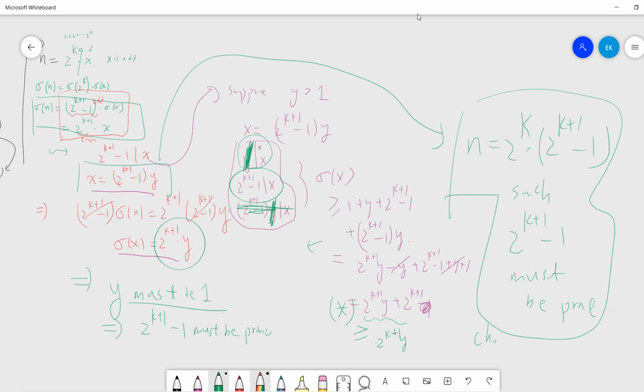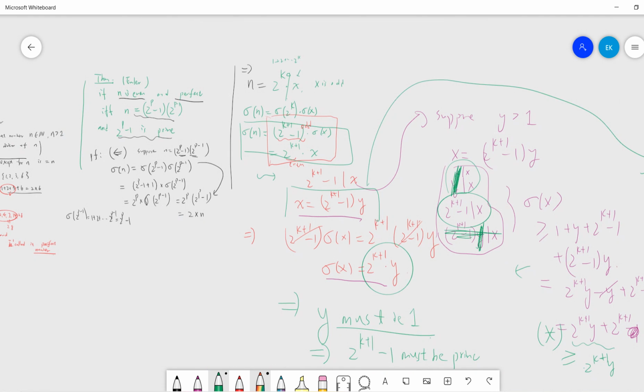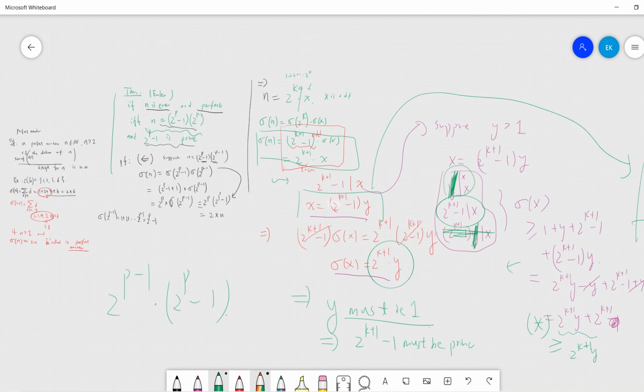Just choose k equal to p minus 1, then you can get this one: 2 to the p minus 1 times 2 to the p minus 1. Okay, so this is our proof.